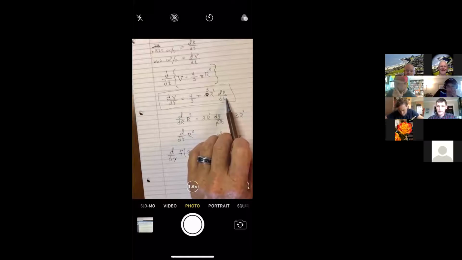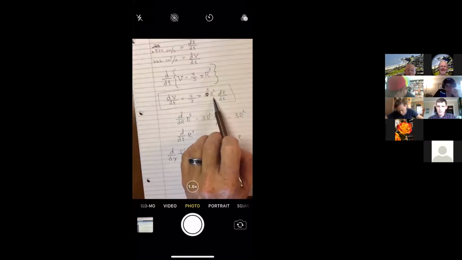The only thing that you don't know in this equation is the big R. And so now you can solve for the radius R. Are you good with that? Yeah, I just need to solve for the R there.